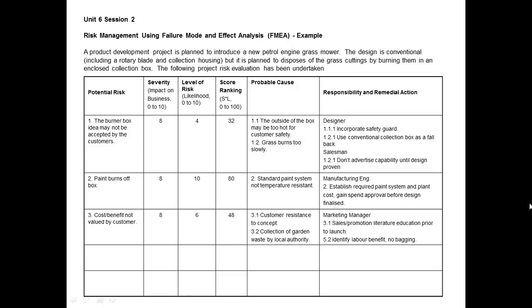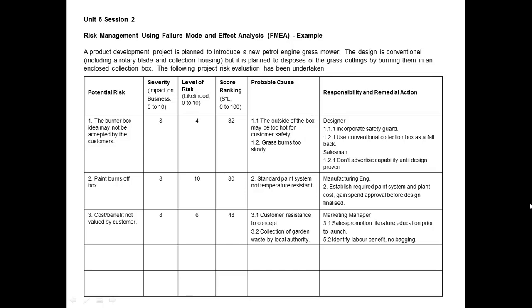So the following diagram has been constructed, assuming that we're talking about this new grass burning lawnmower. First thing to recognize is that there are headings across the top of this table. The first heading is potential risk. Where do we get those risks from?